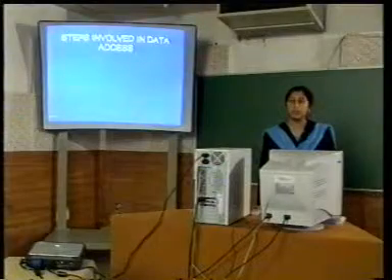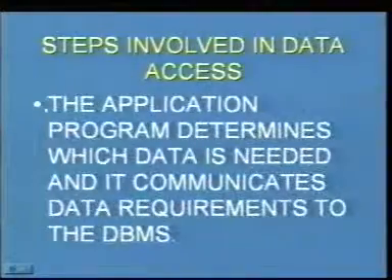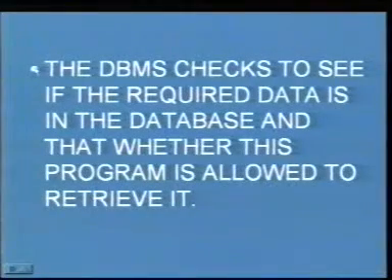Function 1, that is data access and data sharing. The steps involved in data access are: the application program determines which data is needed and it communicates data requirements to the DBMS. The DBMS checks to see if the required data is in the database and whether this program is allowed to retrieve it or not.